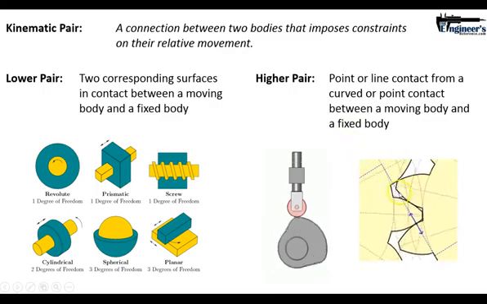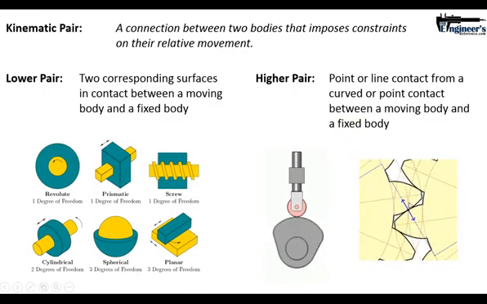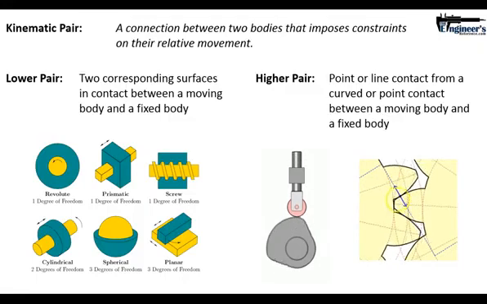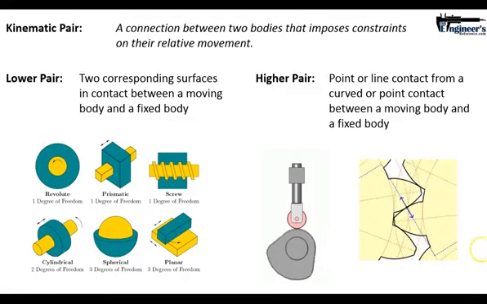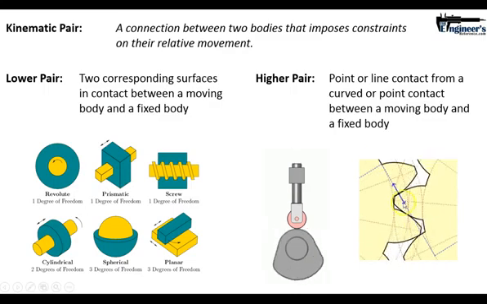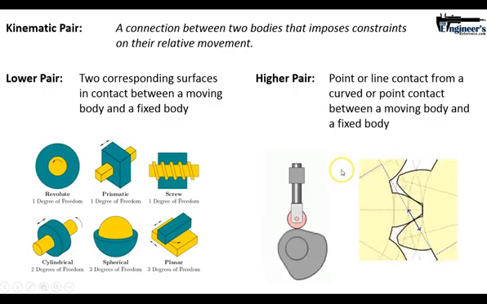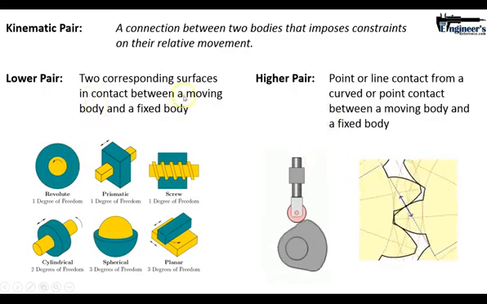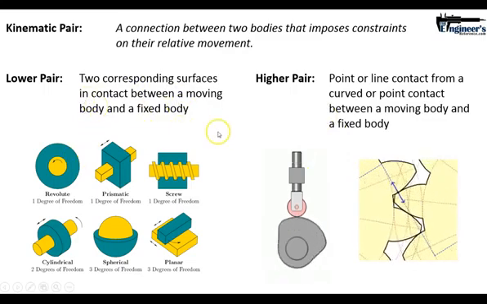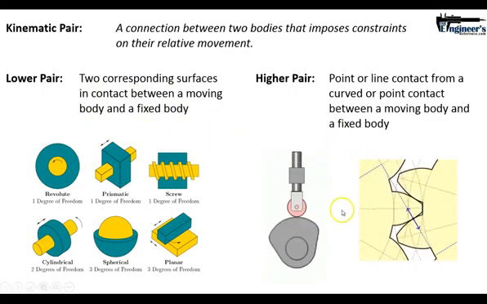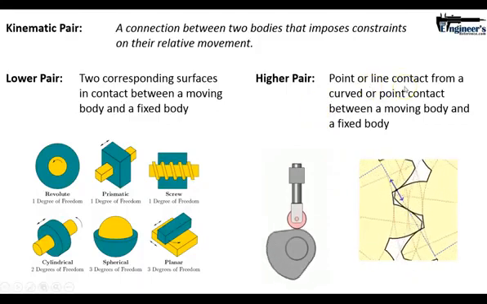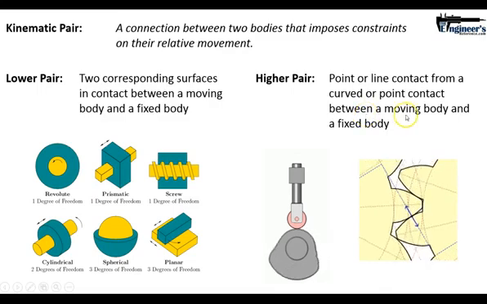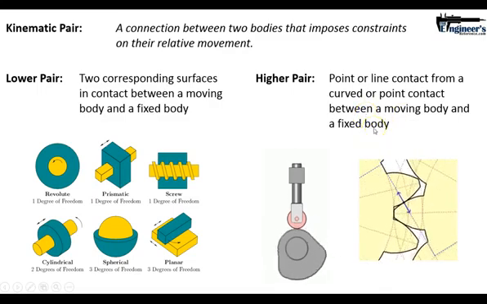These are two curved surfaces. That's what an involute in involute gears is by definition. And there is a single point of contact at any point that they touch. So this is just the way an involute works. So these are higher pairs. Lower pair, where you just have two surfaces sliding against each other or rotating with each other. And here you have higher pair, which is a point or line contact from a curved or point contact between a moving body and a fixed body.